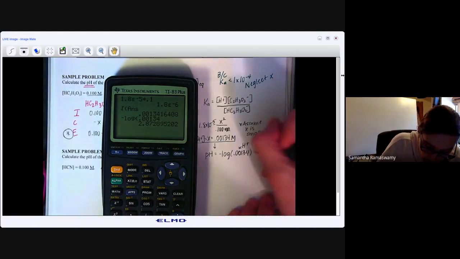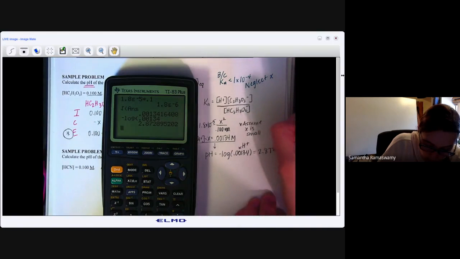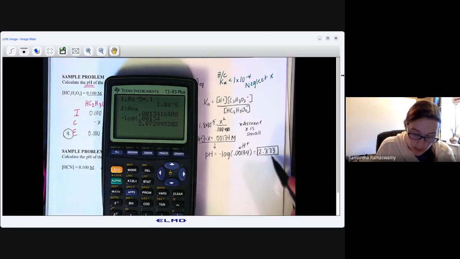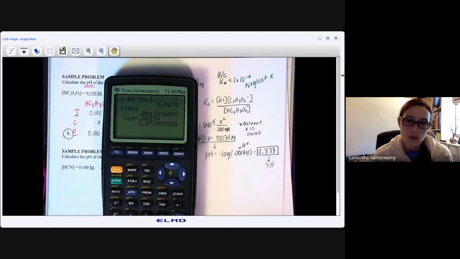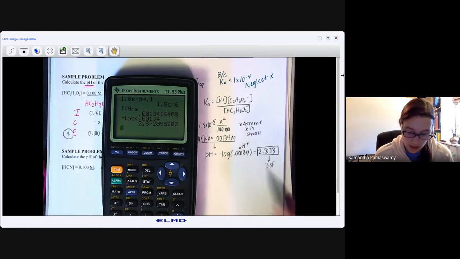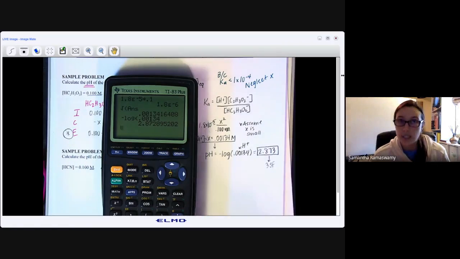So the pH is 2.873. I did 3 decimal places because that represented 3 significant figures. If you just did 2.87, you're still okay, but I did 3 decimal places because of the 3 sig figs.